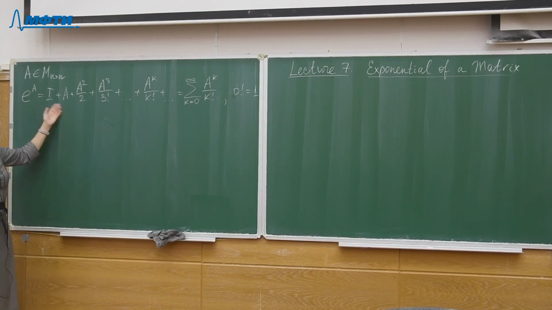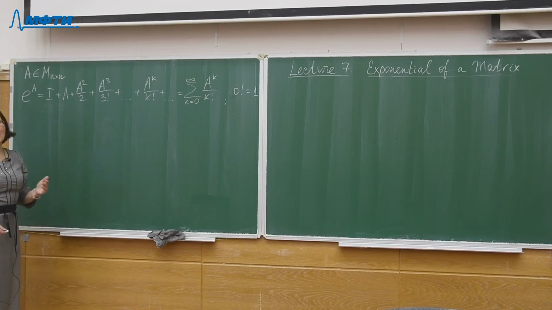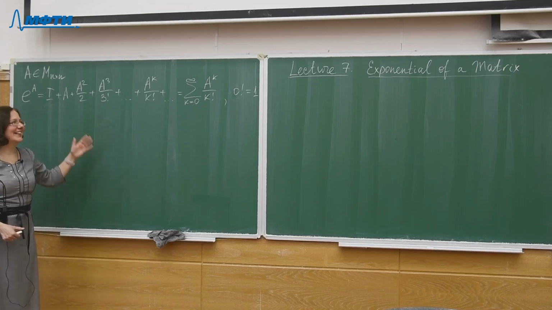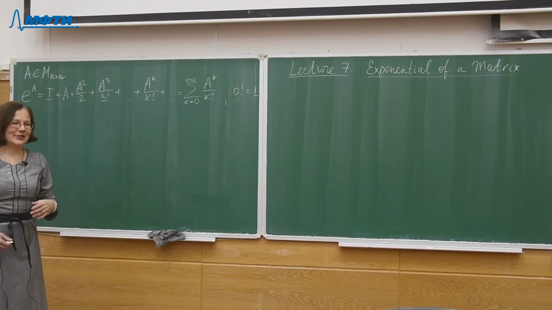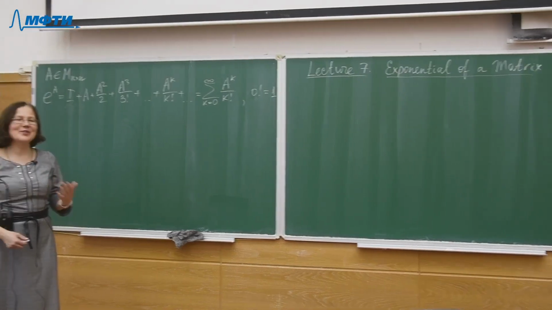It can be computed for any square matrix A. To do this rigorously, we need to introduce the operator norm for a matrix, but it seems to me that it is a very complicated, difficult thing for you. So I have stopped at this moment, and now we will discuss this, we will take this without proof, we will omit the proof of this part.